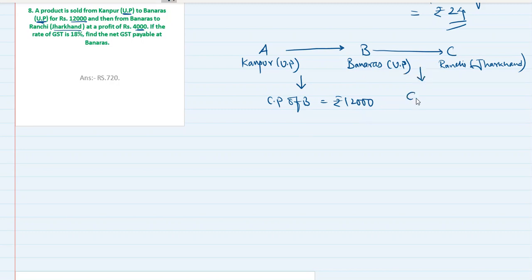So we can say that the cost price of C, who is in Jharkhand, would be 16,000, right? Profit of 4,000. If the rate of GST is 18%, find the net GST payable at Banaras.